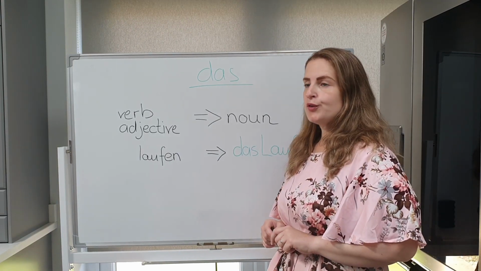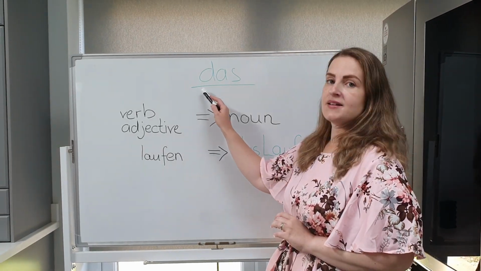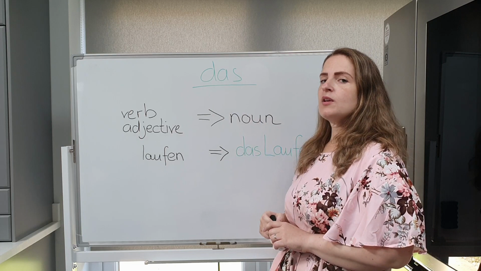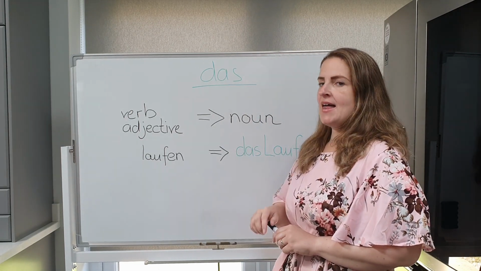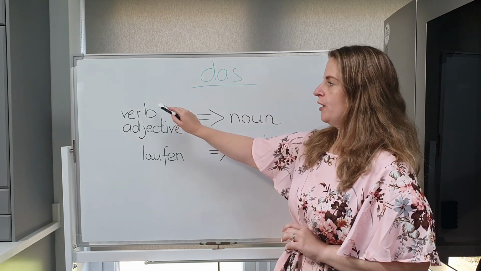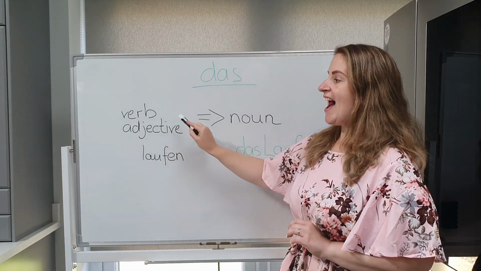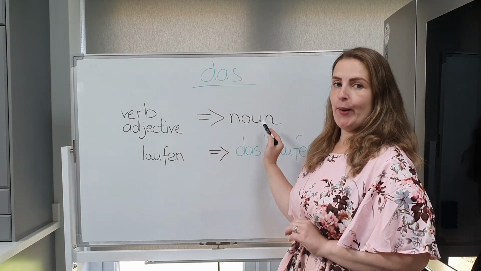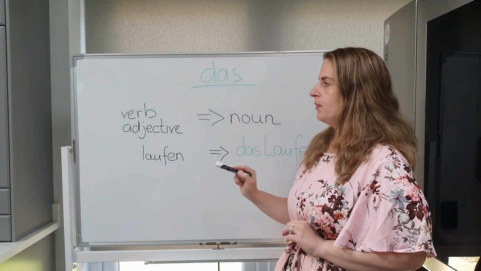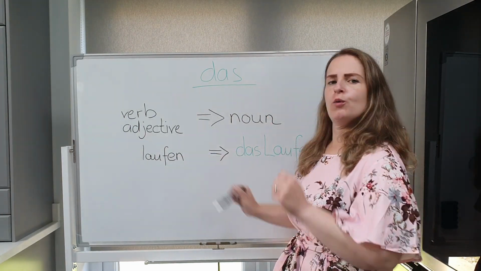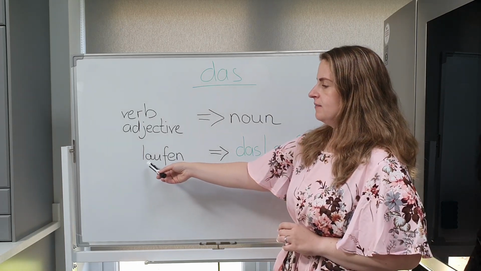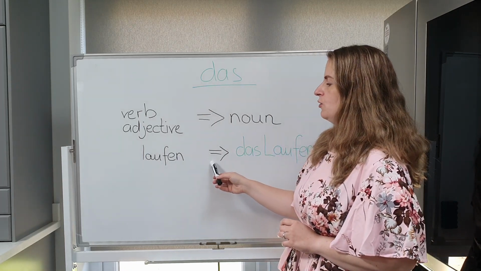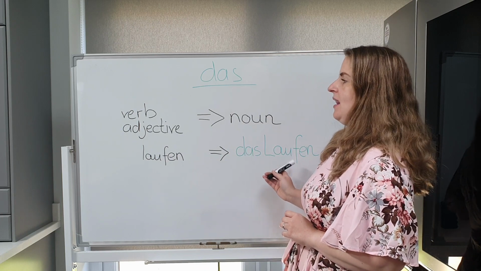We also use the neuter article das when we do the so-called Nominalisierung. That means we turn a verb or adjective into a noun. For example, our verb is laufen, walking. Walking, laufen, turns into das Laufen.